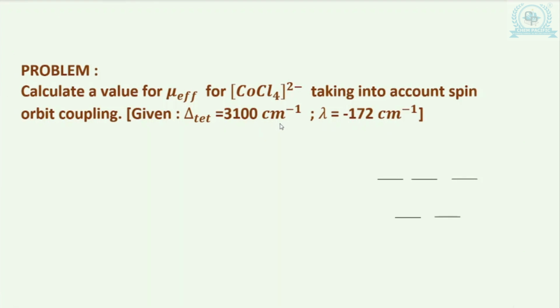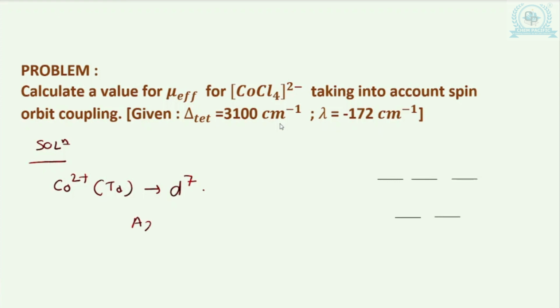So here what we have taken is a tetrahedral complex. So you are having tetrahedral Co2+, this we have also discussed. This is the tetrahedral and obviously this is the d7 system. In the d7 system, what will your ground state be? A2, T2, T1.